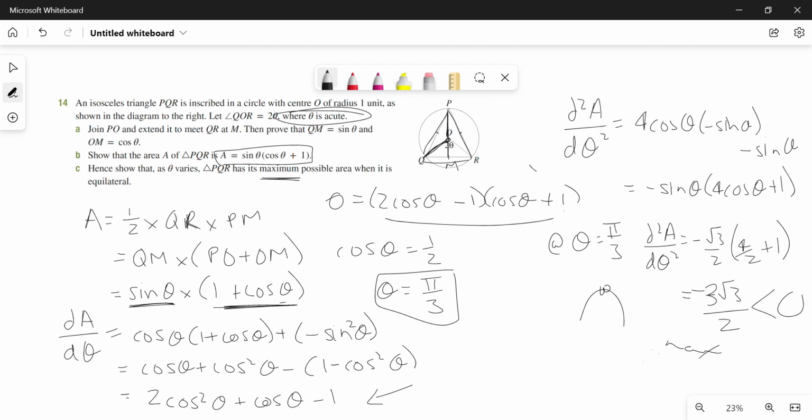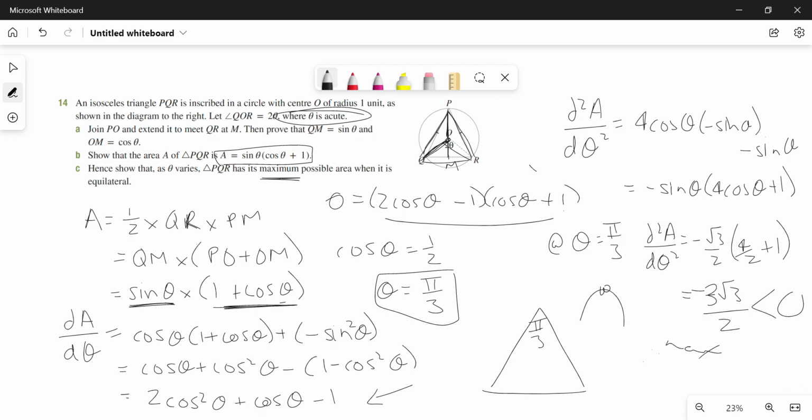Okay, so therefore what did I ask for? Hence show that as theta varies, this triangle has a maximum possible area when it is equilateral. Oh, yeah. So of course, that means theta is pi on 3, because remember, the double angle at the center means one single angle at the circumference.